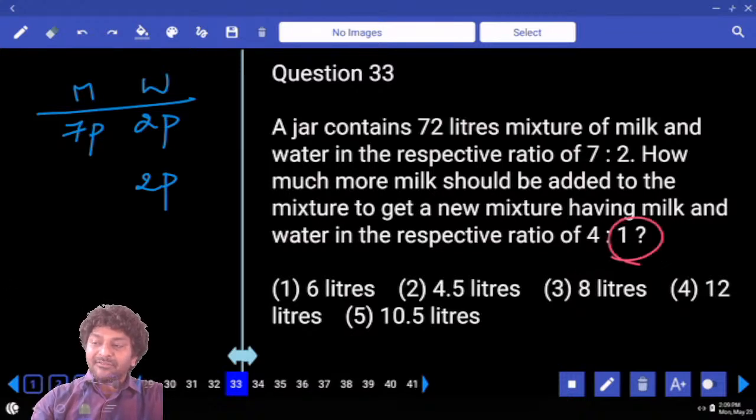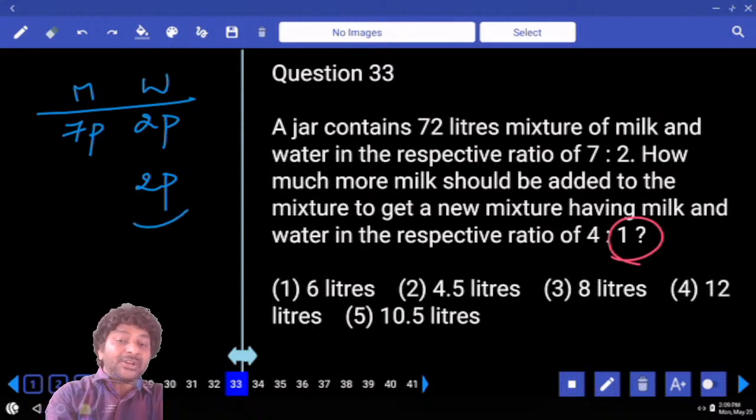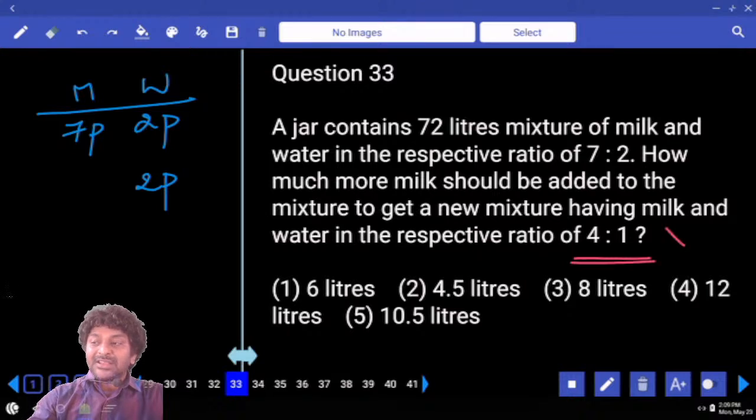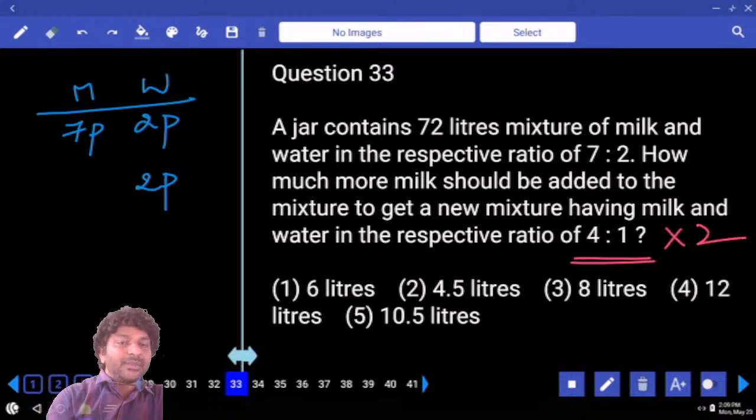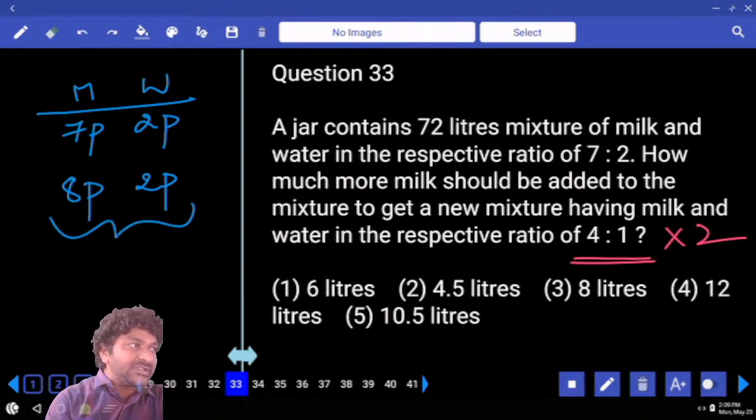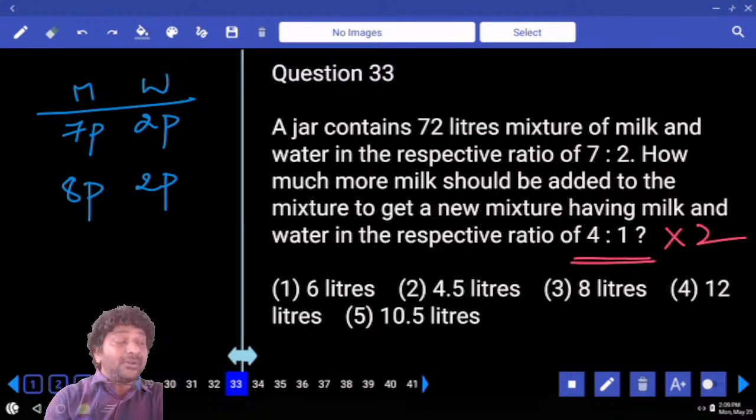Here, water should be 2 parts. Can I treat 4:1 as 8:2? That means 8 parts and 2 parts, the simplified value of 8 and 2 is 4:1. The condition is satisfied, correct?